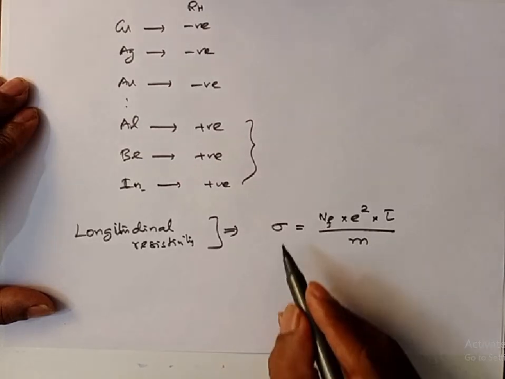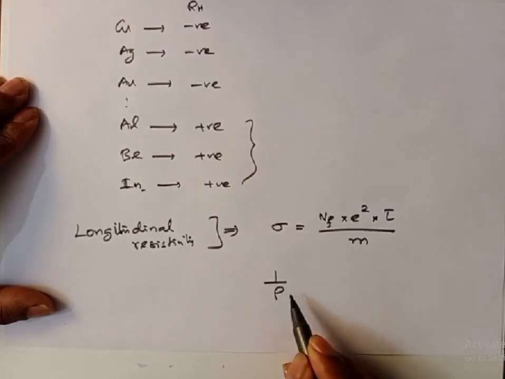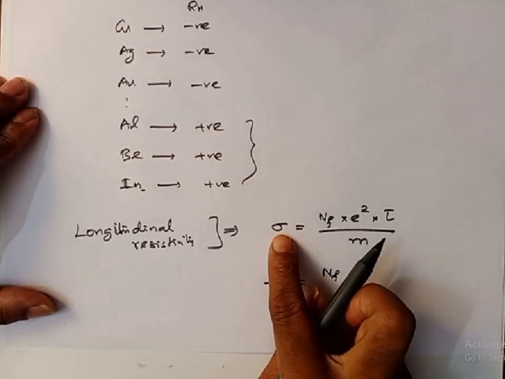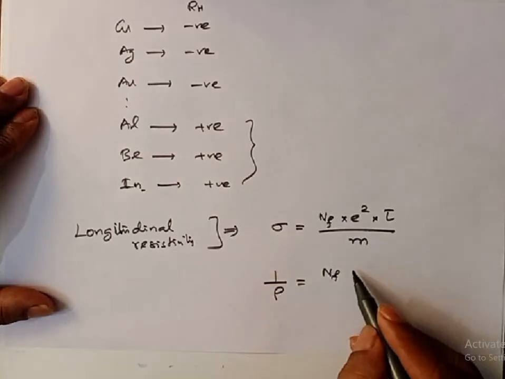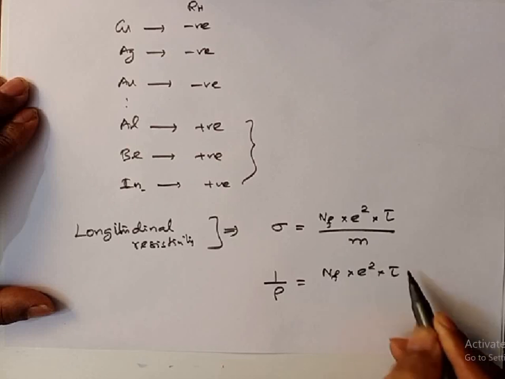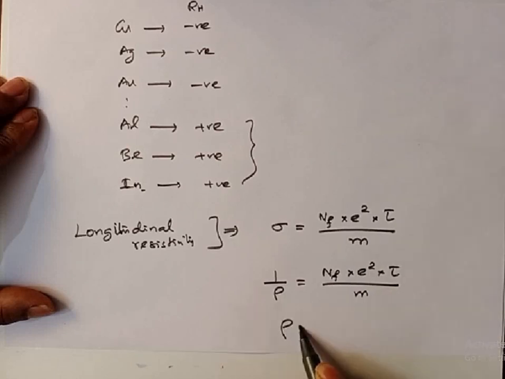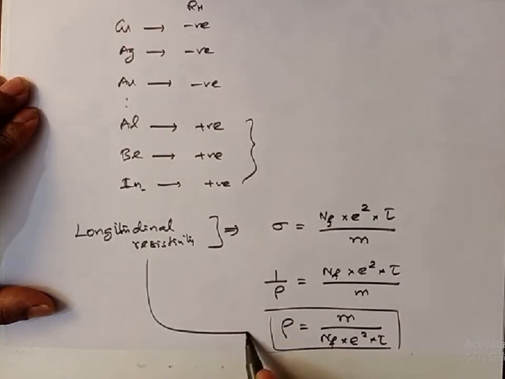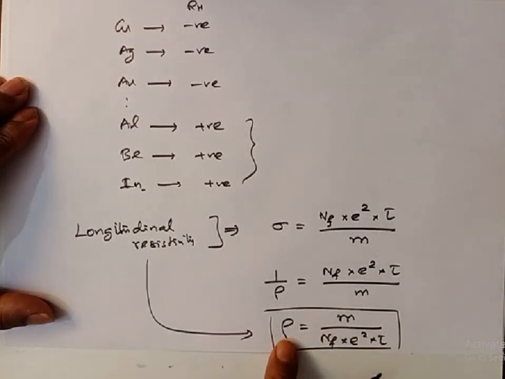Conductivity is nothing but 1 by rho, so n_f e square tau by m. So rho is equal to m by n_f e square tau. This is the formula for resistivity according to Drude theory, and this resistivity is called longitudinal resistivity.